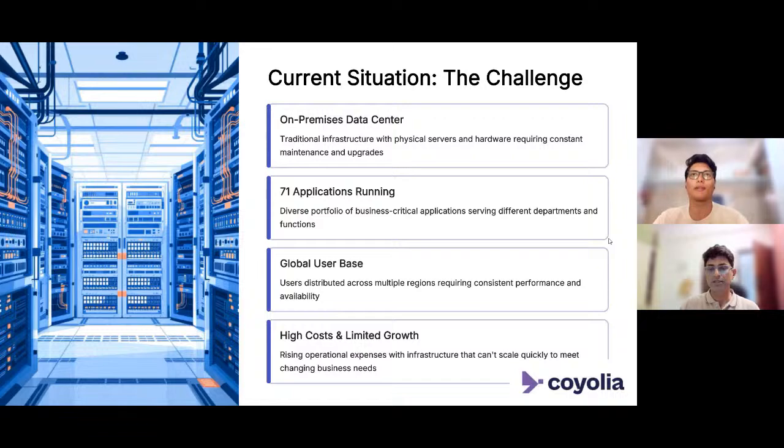Obviously, if they have fewer servers and the number of users is increasing, the servers will definitely go down. So the first things they're looking at are reducing cost and having elasticity of the servers, which AWS provides. This is the challenge they have in this case.